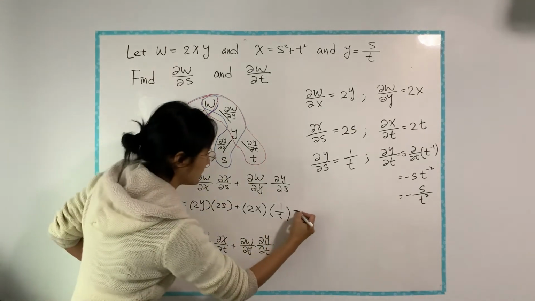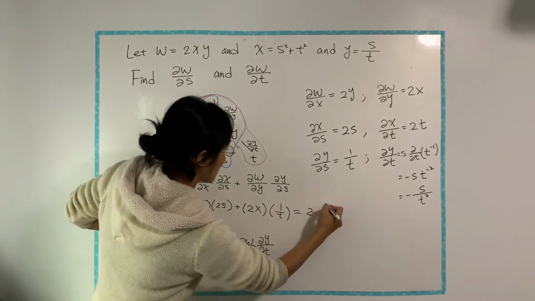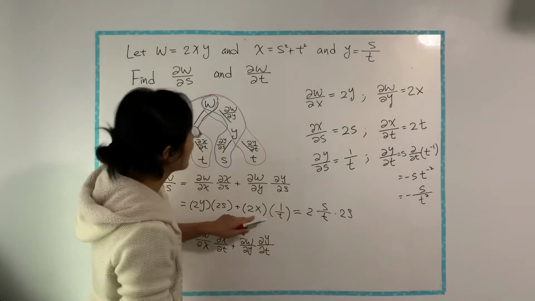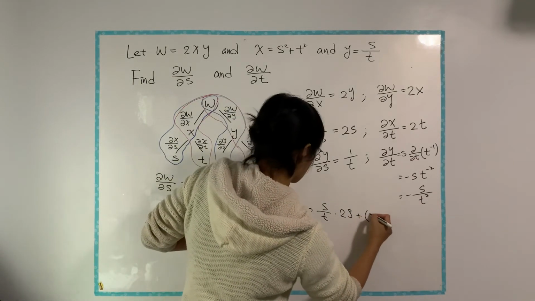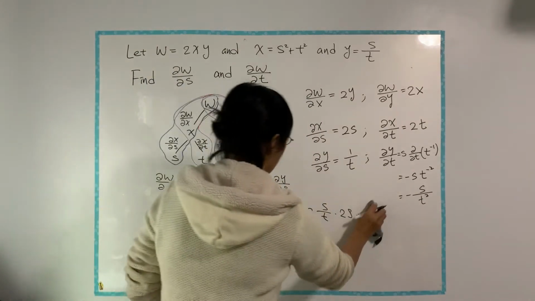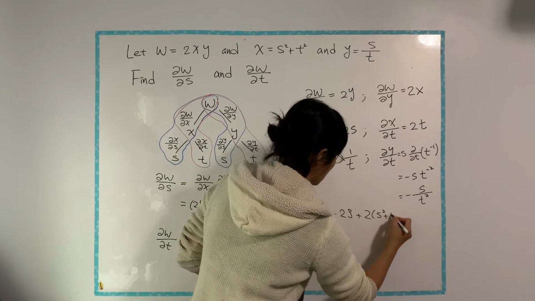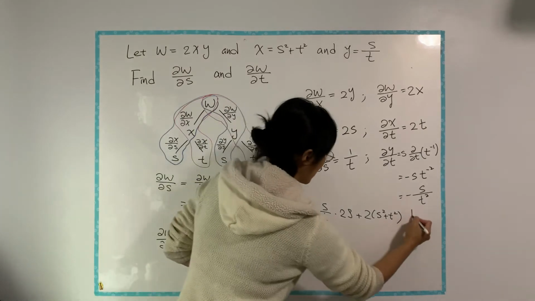So let me continue. y is equal to s over t. Okay. x is equal to s squared plus t squared. Okay, so 2 times x times 1 over t.